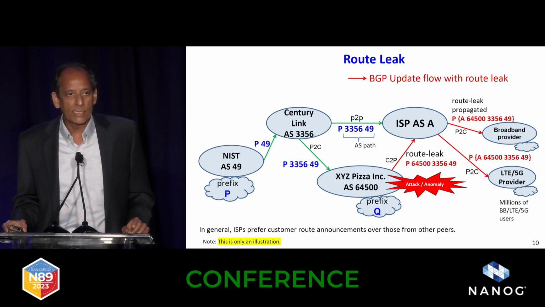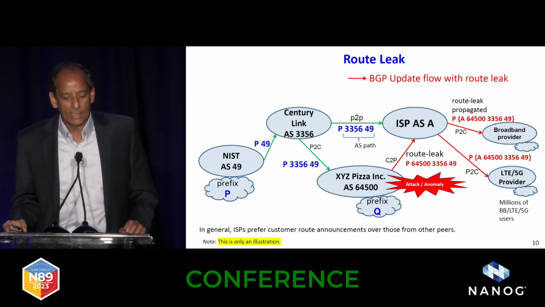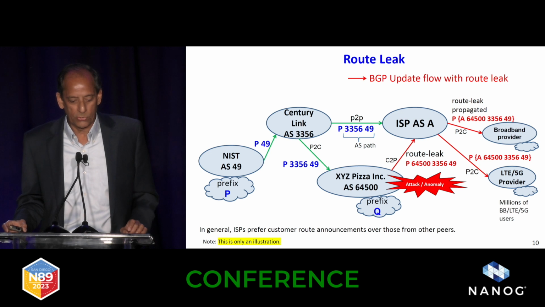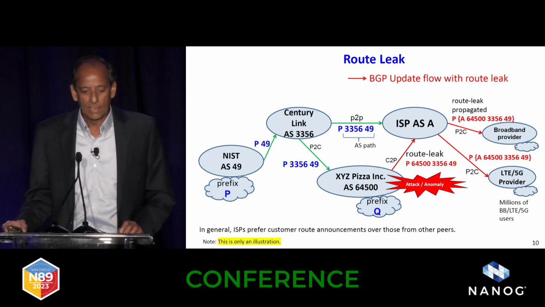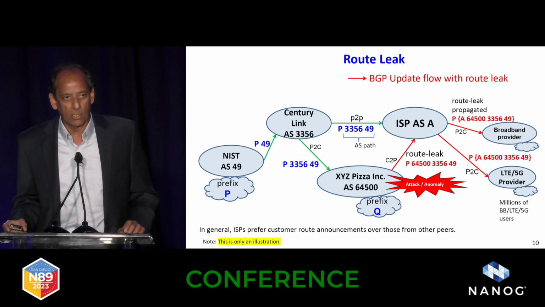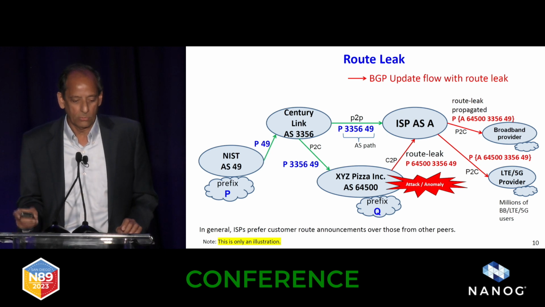If ASA doesn't have the route leak detection capability, it would accept it, install it, and then propagate it. In that case, many of these users currently in the workshop with NIST, their traffic would try to detour through XYZ Pizza, and it will get dropped on the floor because XYZ is not able to carry that kind of traffic.